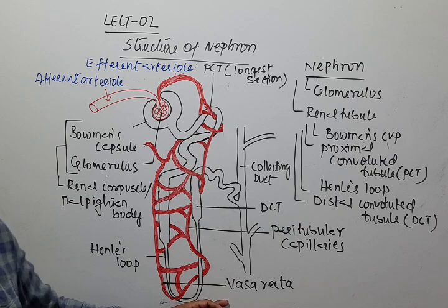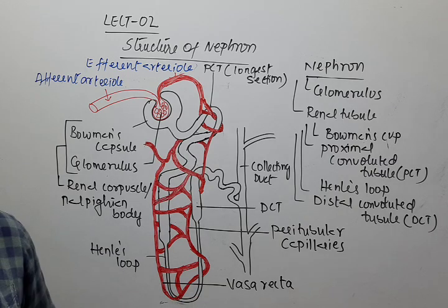The vasa recta is reduced or completely absent in case of cortical nephrons. I'll give you the differences between the cortical nephrons and the juxtamedullary nephrons.